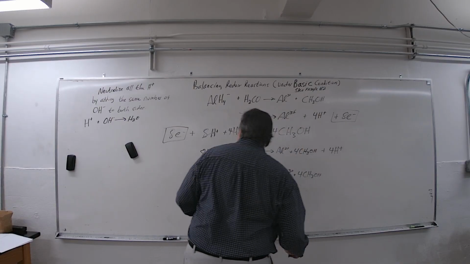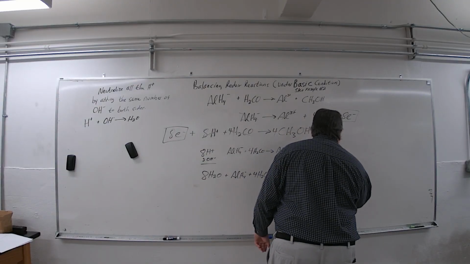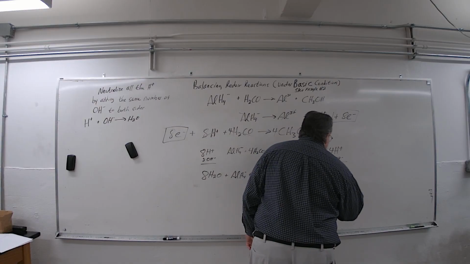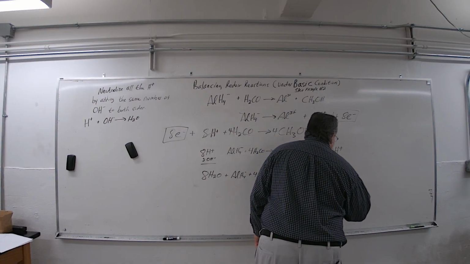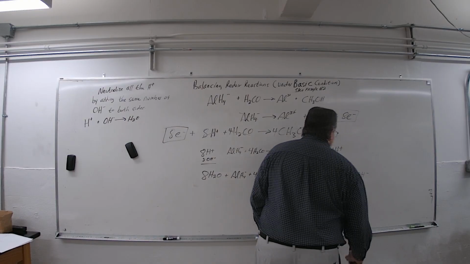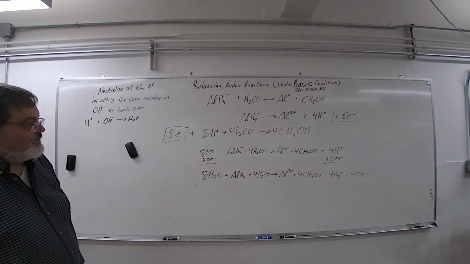This stuff down. And now I'm going to add 8 OHs up here. And that's going to give me 4 waters with 4 OHs. Last step, subtract the 4 waters from both sides.